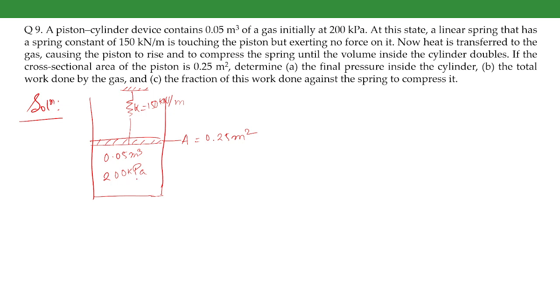When the pressure increases to 201 kilopascal, there is a difference in pressure of 1 kilopascal on the two sides of the piston, that will result in the piston moving upward, and the pressure of the gas will equivalently decrease because of the expansion of the gas. Now this is not such.